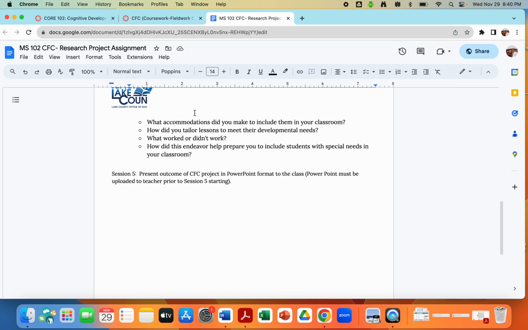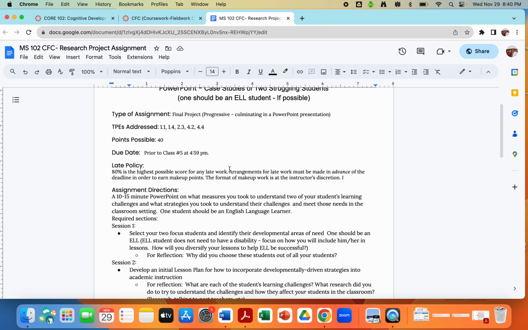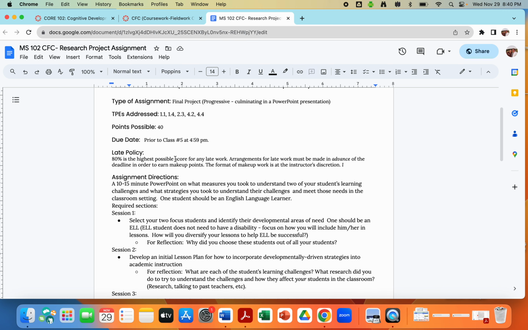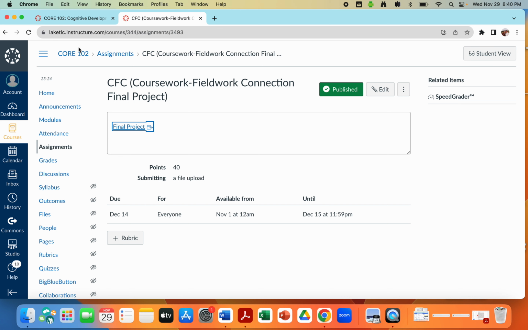Oh, that's right, there was another page as well, so all this other information too. Then you're going to present the outcome in PowerPoint format for class on the last class. So just a quick clarification that this is where all that information for your final project is found. And this is something I'm going to go over in class as well when we get into it.